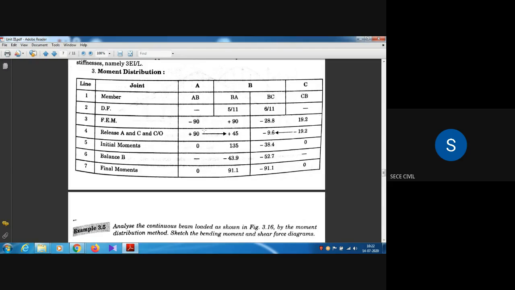So we are adding a clockwise moment of 90 kilonewton meter in joint A. If we add a moment, half of the moment will go to the far end, if the far end is fixed. Half of the moment will transfer. So half of 90 means what is the value?